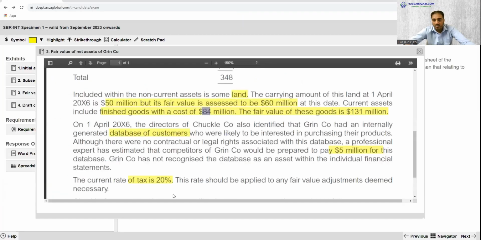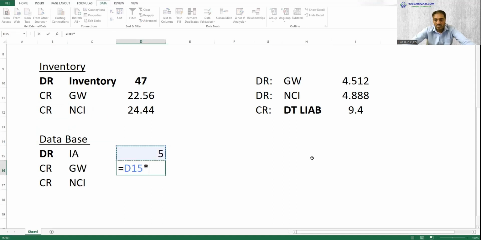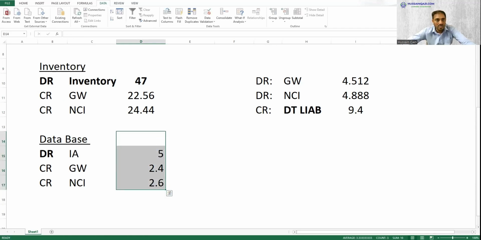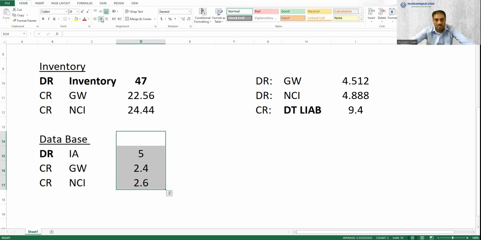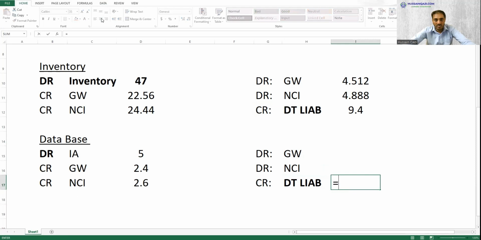Intangible asset, that's 5 million, with 0.48 and 0.52. And the same impact on deferred tax is 5 into 0.2, which is equal to 1, with 0.48 and 0.52.